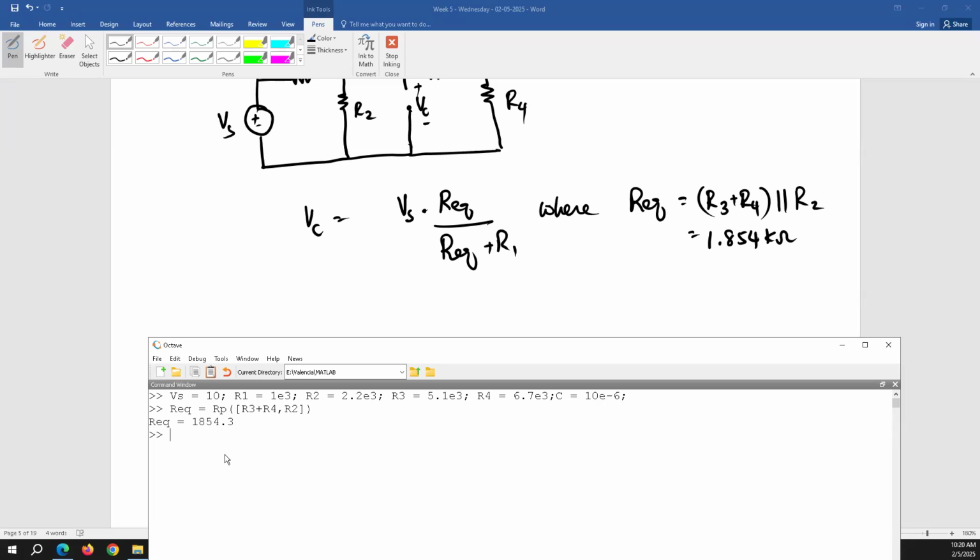And our VC is equal to Vs times R equivalent divided by R1 plus R equivalent. That gives 6.49, approximately 6.5, 6.4965.